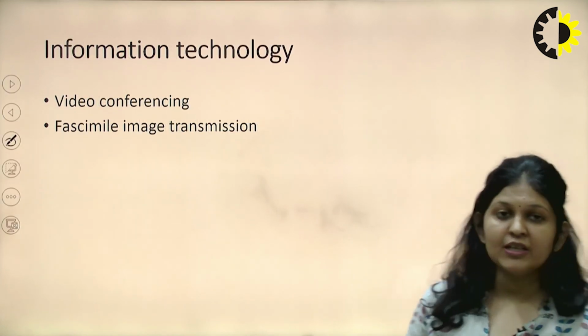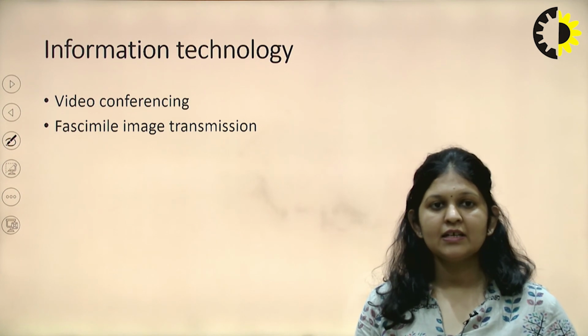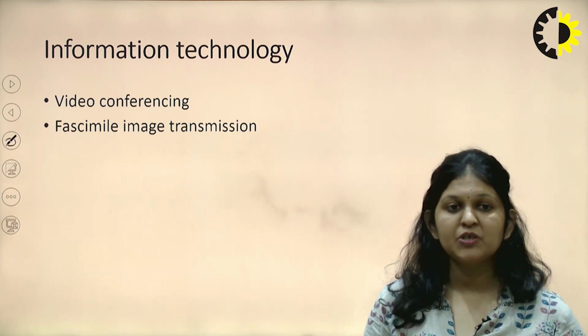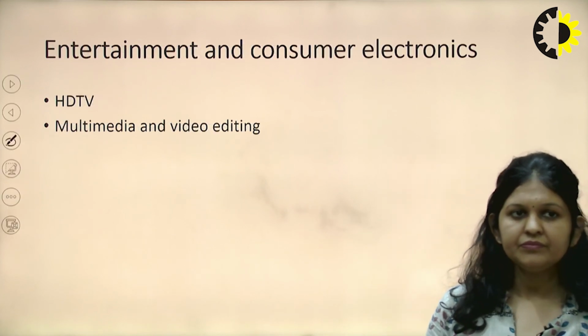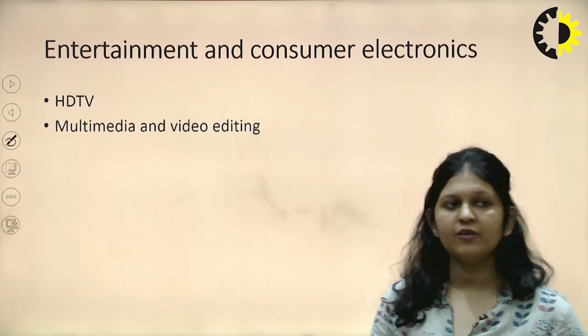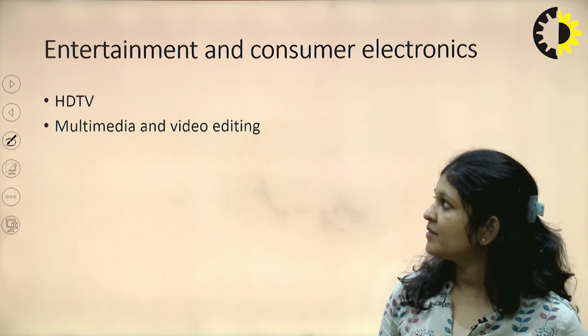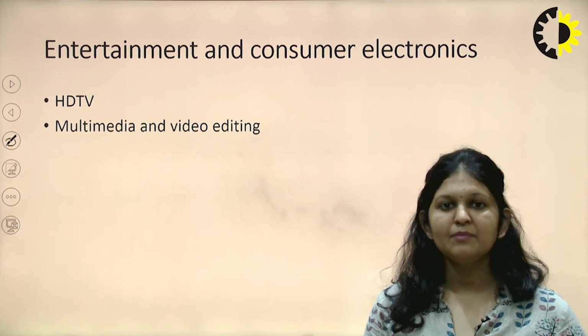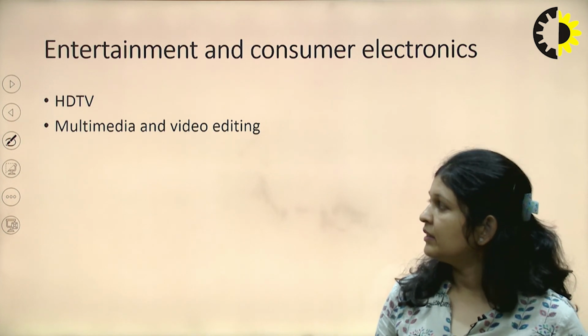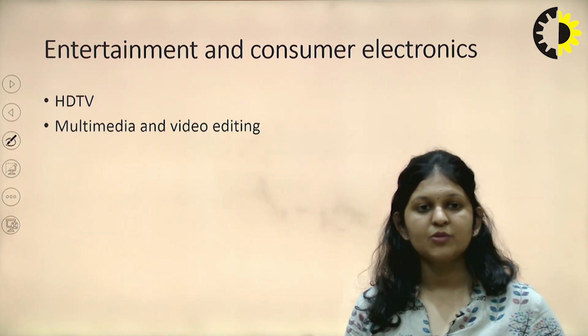Then information technology, video conferencing, then facsimile image transmission, all this makes use of image processing. Entertainment and consumer electronics, HDTV is a very good example of where we use image processing. Then multimedia and video editing all come under the category of image processing.